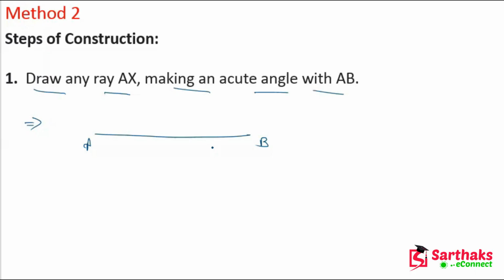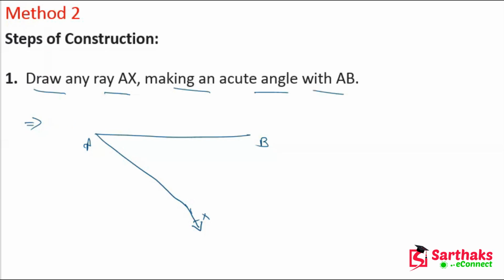Now from this we have to make an acute angle randomly. It is not a fixed angle. We can take any acute angle, but it should be acute. So this is the ray AX. My dear friends, this is the first step.